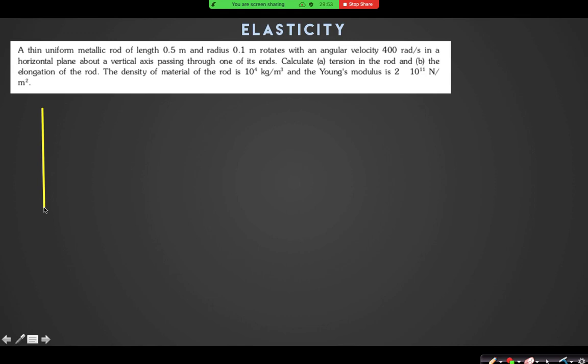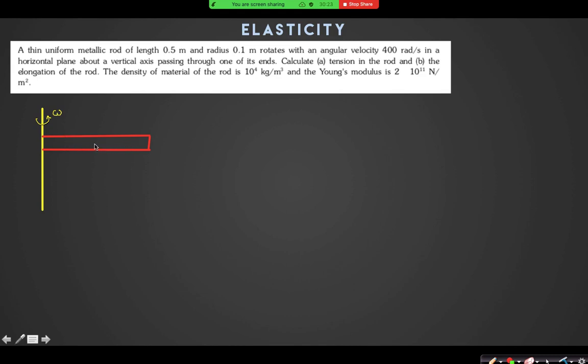Suppose this is the axis of rotation and suppose this is the rod which is rotating in a horizontal plane, right? So if it is rotating in a horizontal plane, then is the tension, or the stress, everywhere the same on the rod?